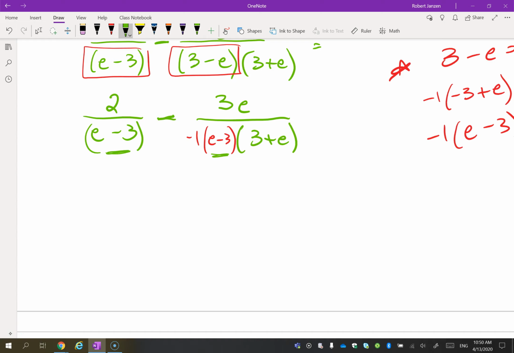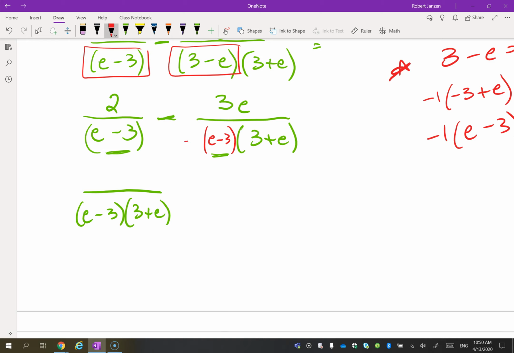Okay, so let's now find this common denominator. There will be an e minus 3 and there will be a 3 plus e. Okay, and now I'm going to take these two negatives and make it a positive. And you're saying, well, wait a second, how can I do that?